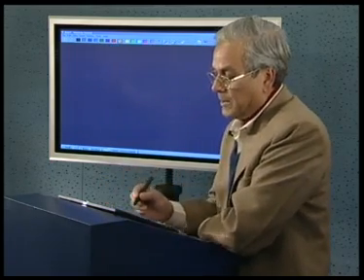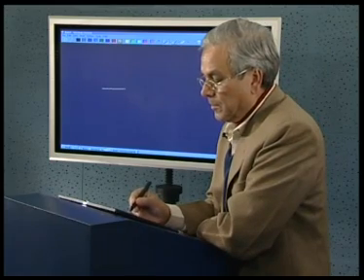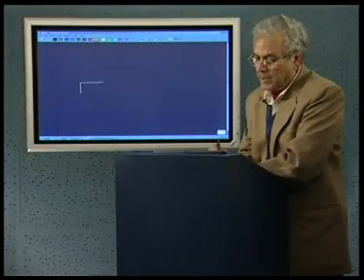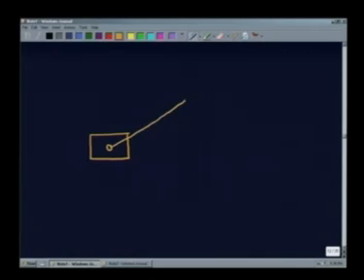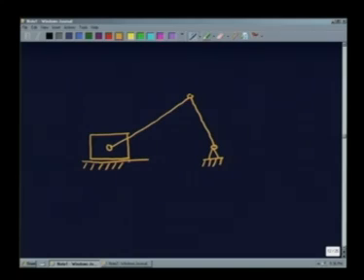The simplest case will be again our slider crank, and then we will go to more complicated examples. This is a very useful mechanism, that is why we are using it in so many problems.